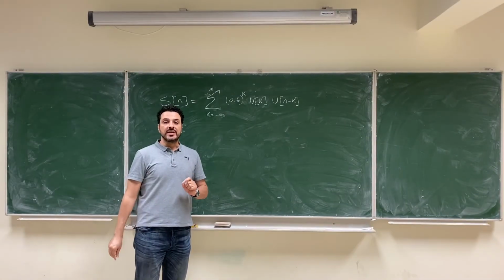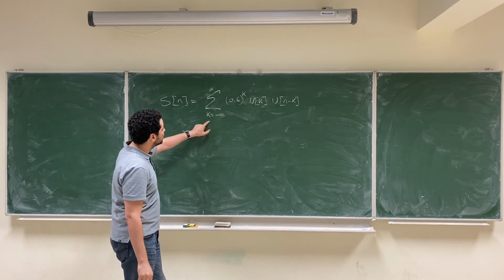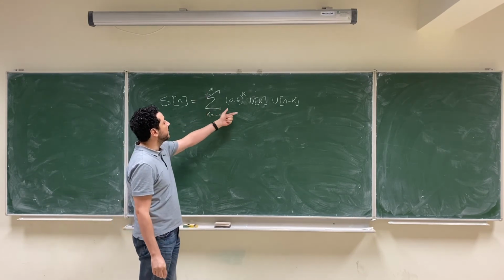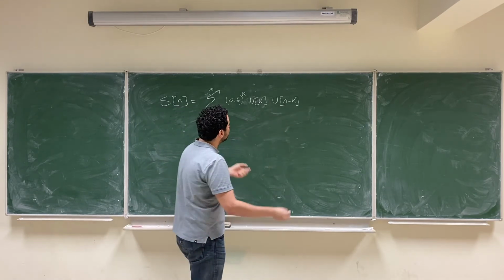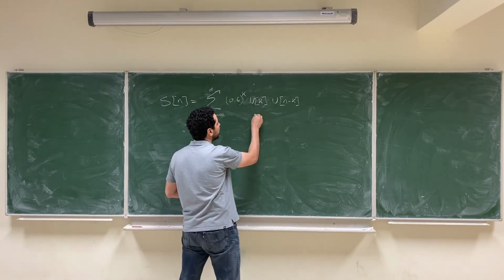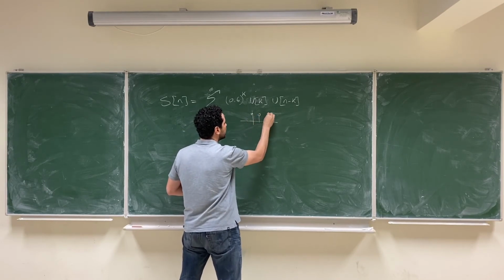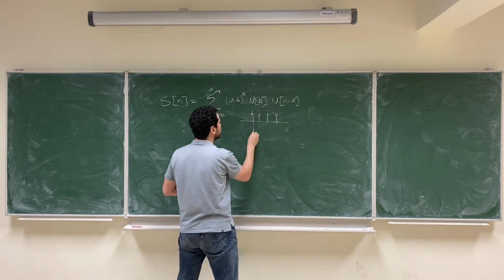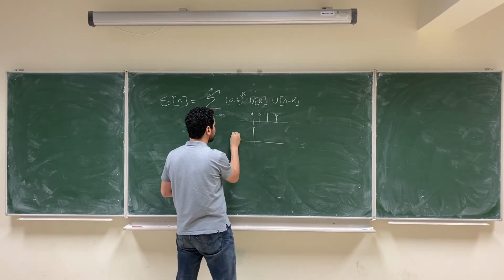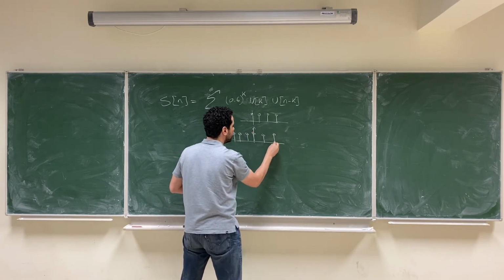One more thing to add about the previous example, where we calculated the step response to be the summation from k equals minus infinity to infinity of 0.6 to the power k, u[k], u[n minus k]. We said that u[k] is a unit step that starts from 0 upwards, and the other unit step is a unit step that goes from minus infinity up to n.